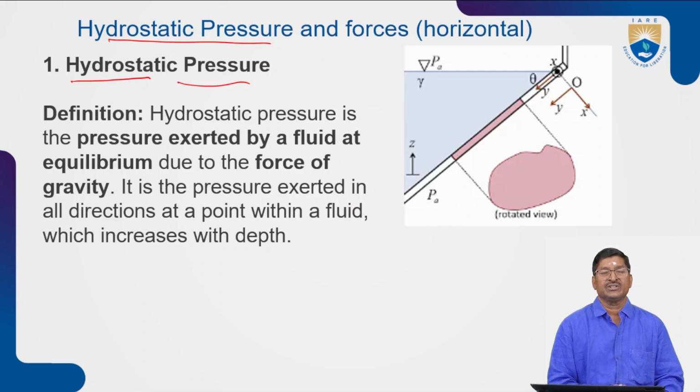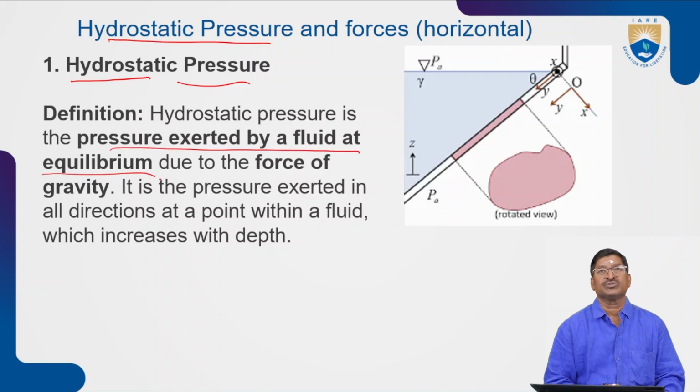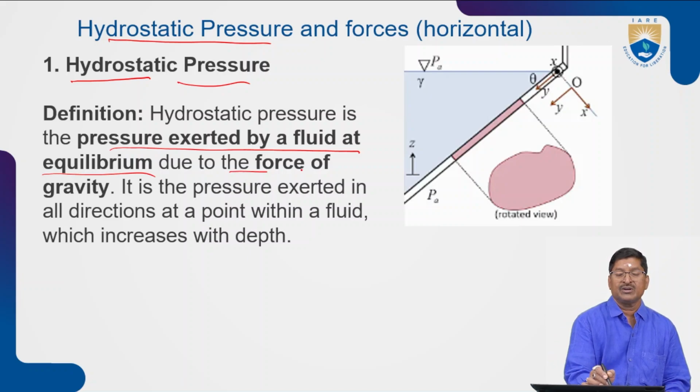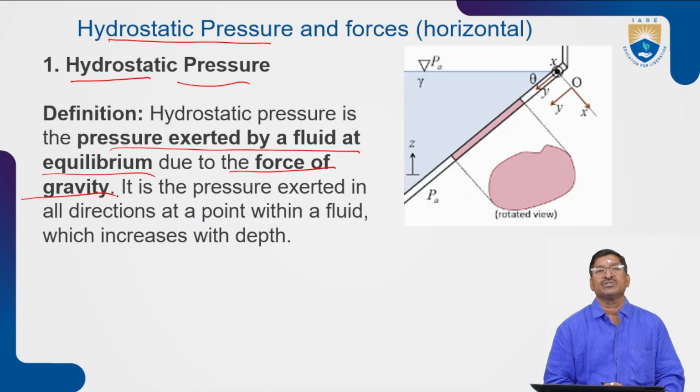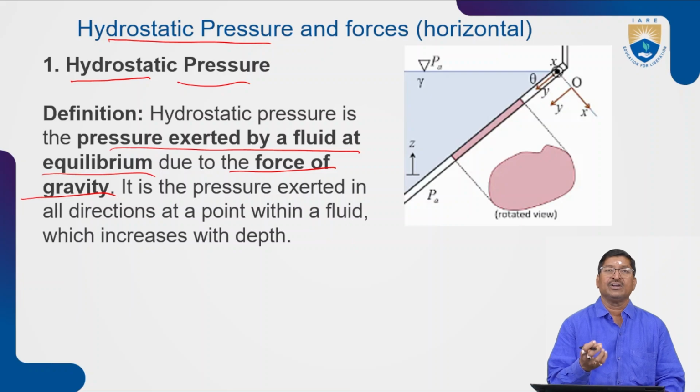If we see the definition, hydrostatic pressure is the pressure exerted by a fluid at equilibrium. At equilibrium, the fluid will exert some pressure because of the force of gravity. Its gravitational force will act so that the water exerts some pressure depending upon the depth from the surface of that fluid.